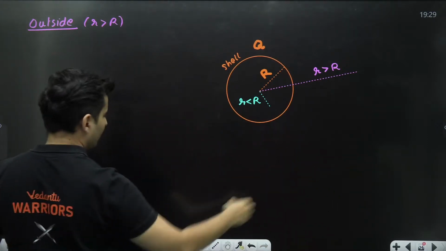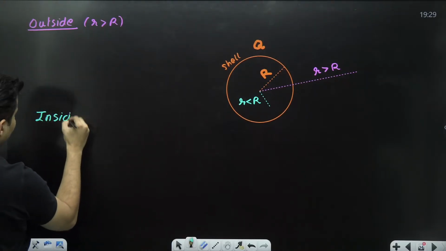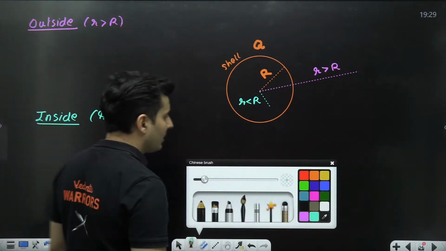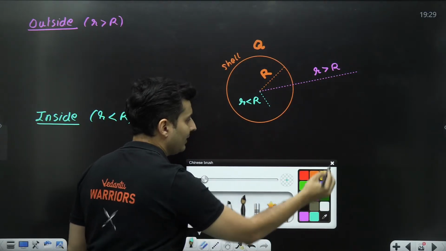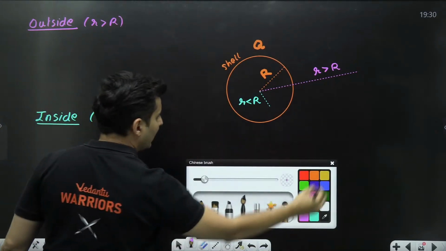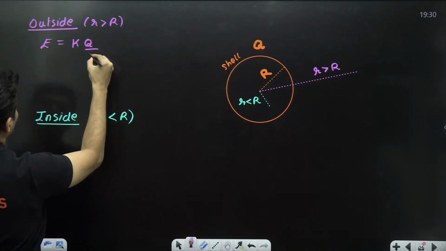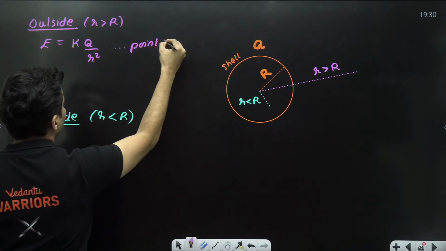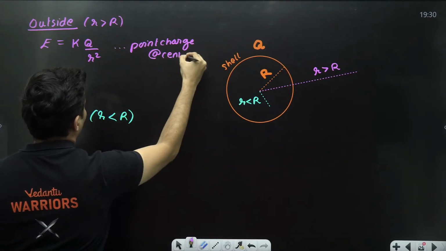Then you will go inside, where r is less than R. If you remember the electric field, when you are outside, the electric field was just given by kq divided by r square. Basically, it behaved like a point charge at the center of the shell.